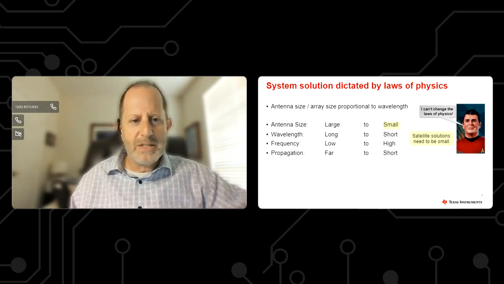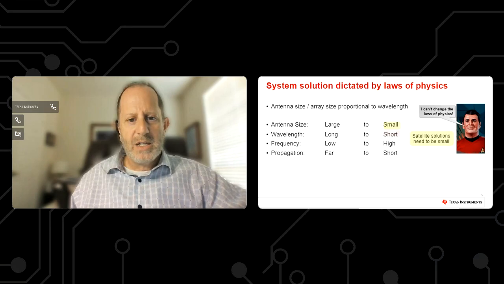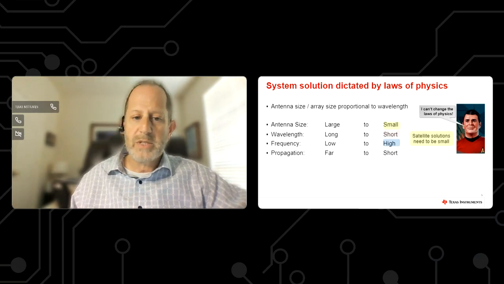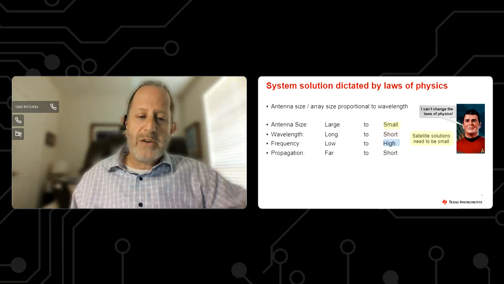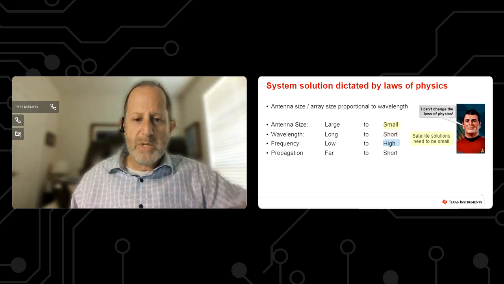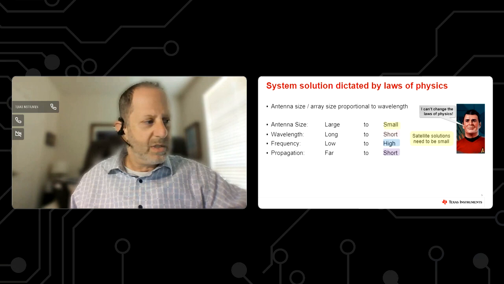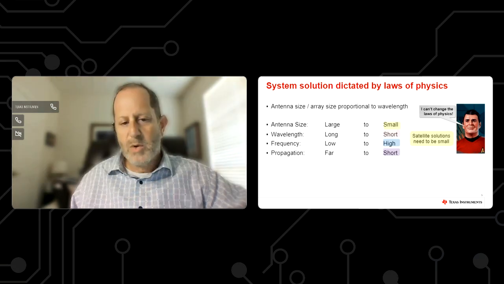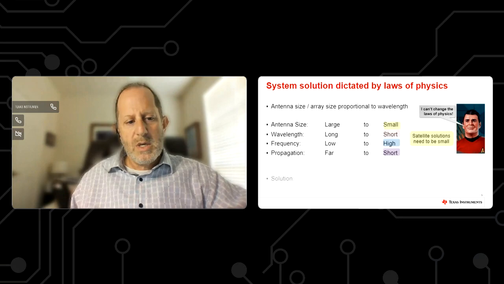We need our satellites to be relatively small. That's going to in turn dictate wavelengths that are going to be short. Short wavelengths correspond to high frequencies. And if we're dealing with high frequencies, we have the impairment of propagation. The higher frequencies don't propagate quite as well as the lower frequencies. So that presents some challenges in and of itself.